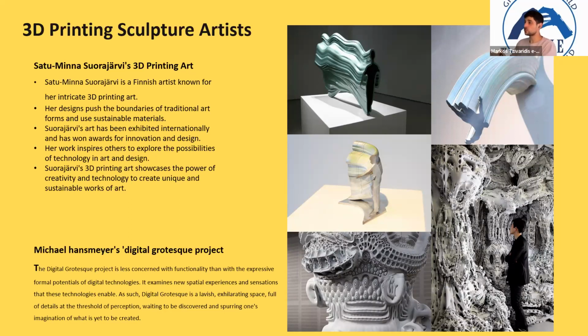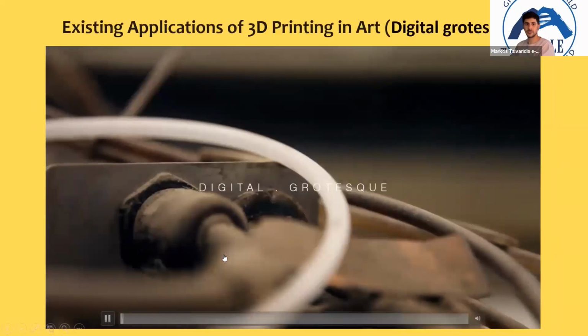It tries to showcase the potential of 3D printing to create unique and immersive works of art. I think on the next slide I have a video. All right, let's see the video.